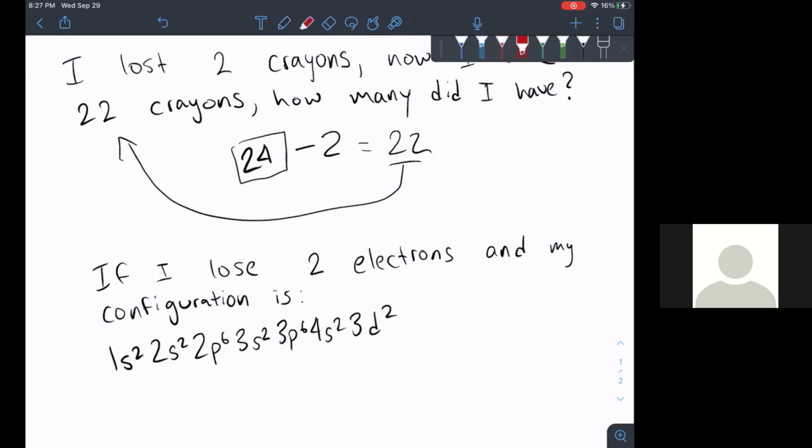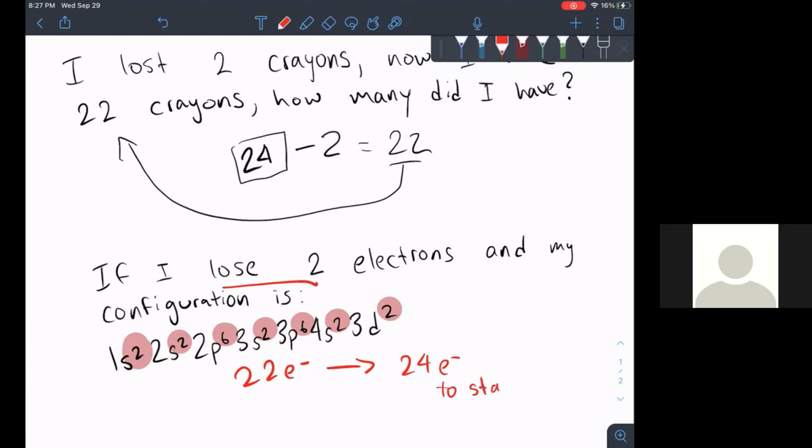And we add up all the electrons: 2, 4, 10, 12, 18, 20, 22. So now we have 22 electrons. Knowing that we originally lost 2 electrons means we originally had 24 electrons to start with.